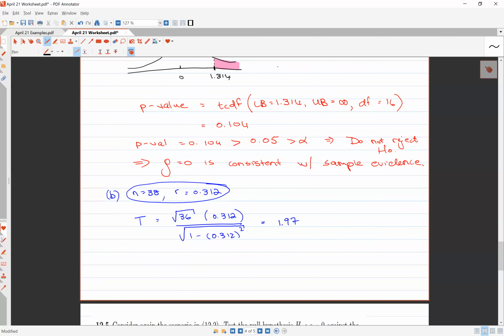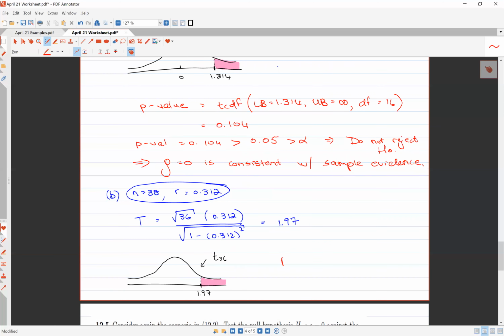Now, the p-value is obtained in the same way, except now we're using a t-distribution with 36 degrees of freedom. Our reference value is 1.97, but we're still doing area to the right of that as our p-value.